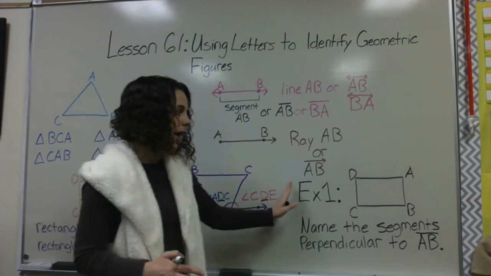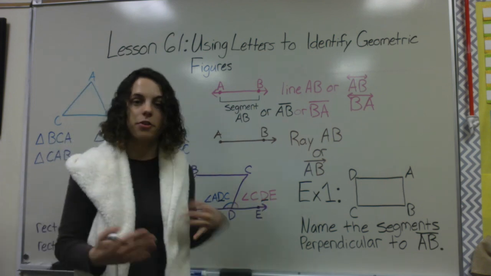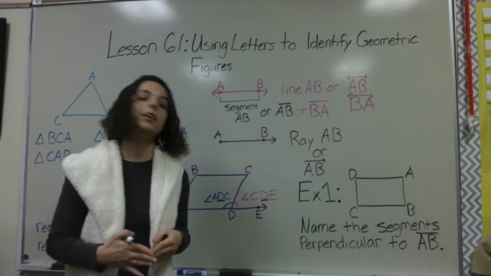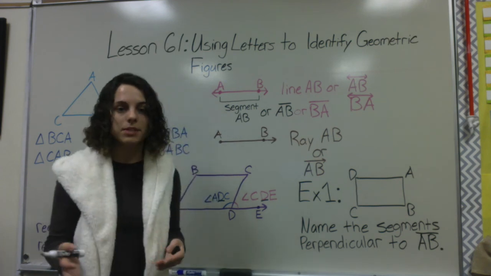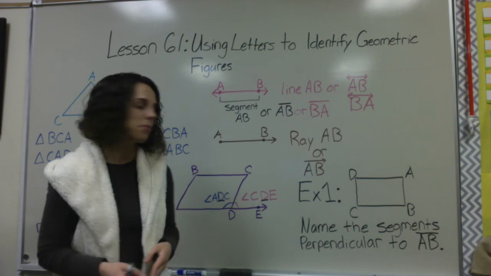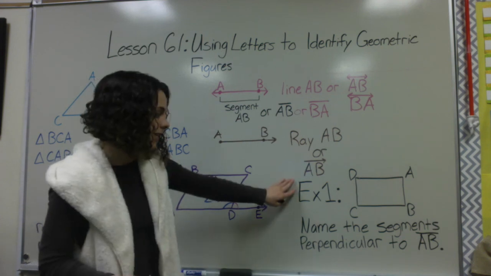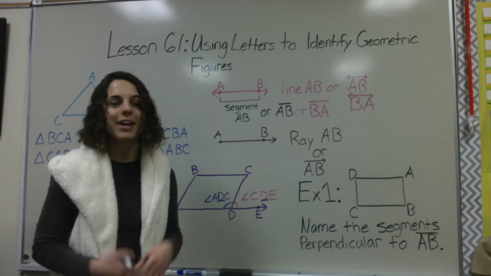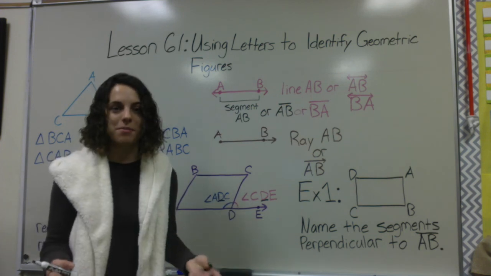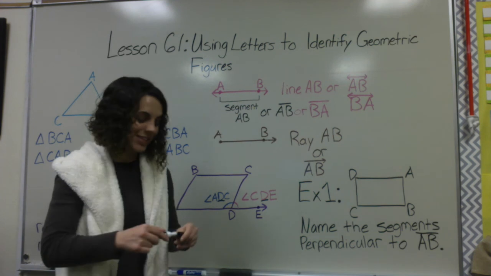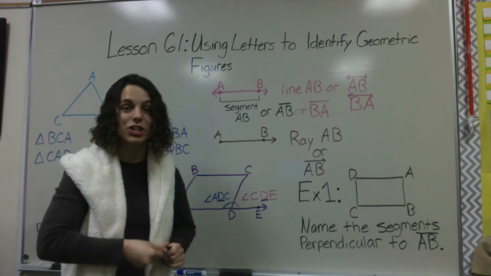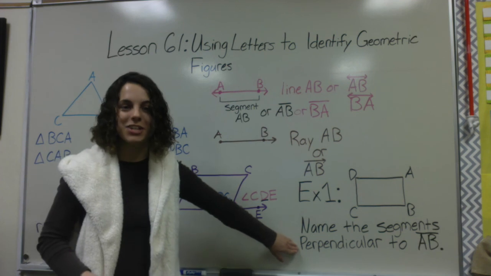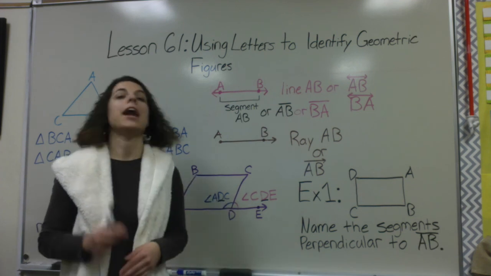So example 1 is the only example that we're going to do together right now that I want you to include in your notes. And we'll look at the rest of the example problems together in class, as well as the practice problems. So for example 1, this says, name the segments perpendicular to AB. Now as a review, because you probably do not remember currently, perpendicular means that it intersects at a right angle.